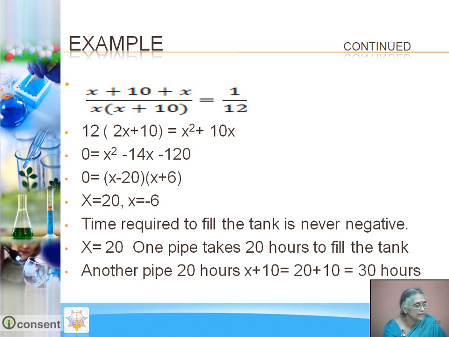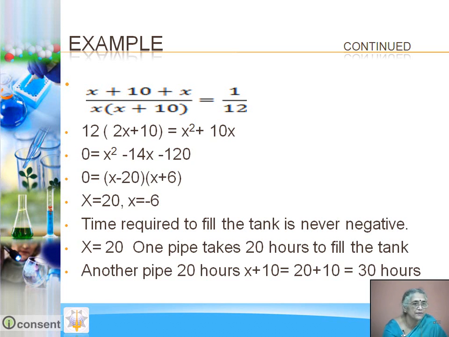Simplify this, you can write 0 is equal to x square minus 14x minus 120. Split the middle term and write the factors. So 0 is equal to bracket x minus 20 into bracket x plus 6. Obviously x is equal to 20 and x is equal to minus 6. The time required to fill the tank is never negative.